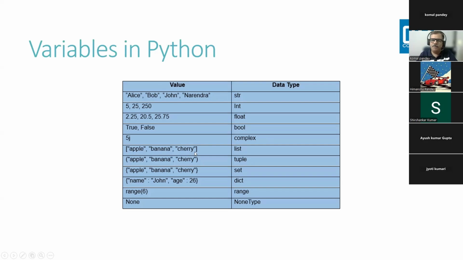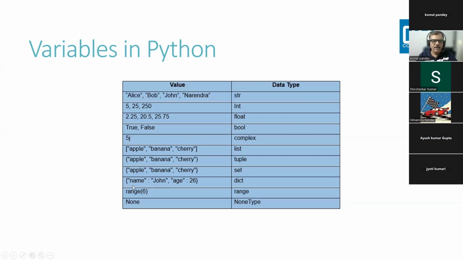So we have the complex data type in Python. If you create a collection enclosed in square brackets, it becomes a list. If a collection of values is enclosed in parentheses, it becomes a tuple. And if comma-delimited elements are enclosed in curly braces, it becomes a set.